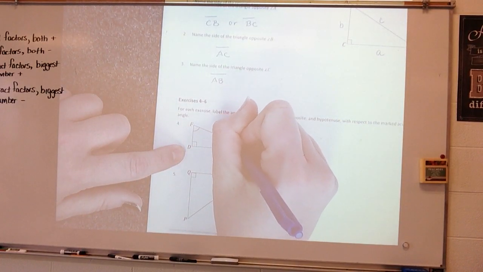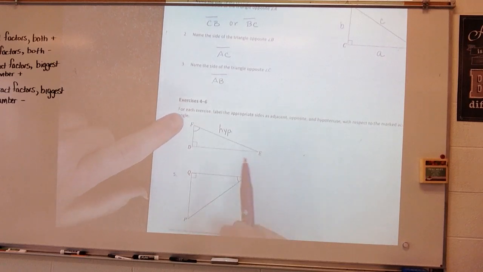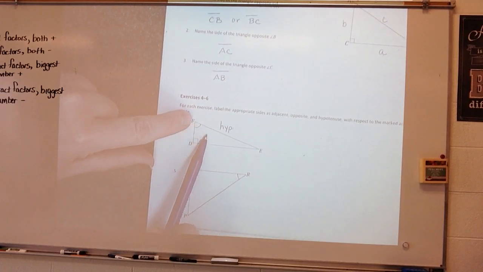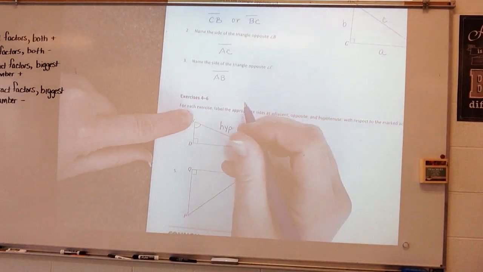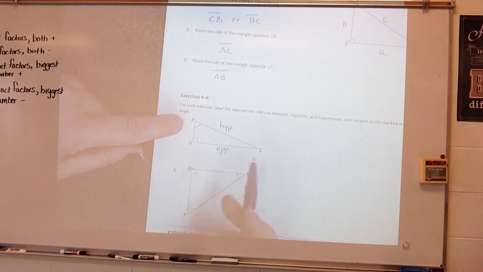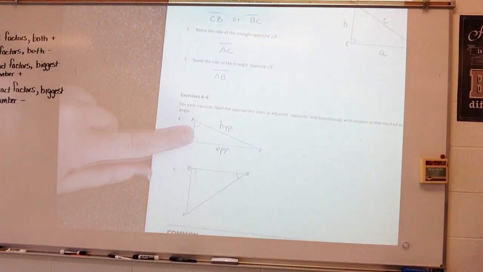So we will label that the hypotenuse, and you can use the three-letter abbreviations. Now I'm going to look at the side opposite of angle F, which is the side straight across from angle F. So opposite. And then the side adjacent to angle F is the side that helps form that angle.